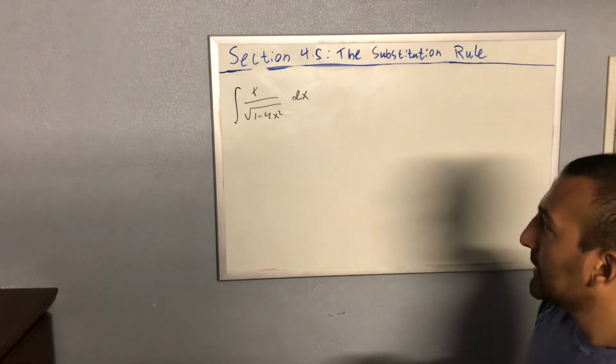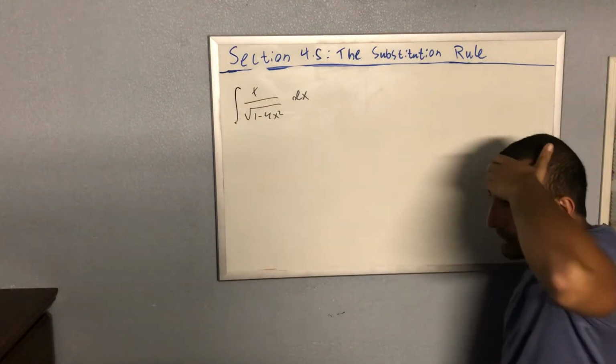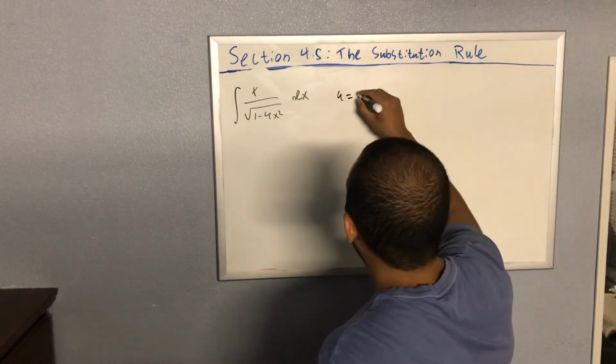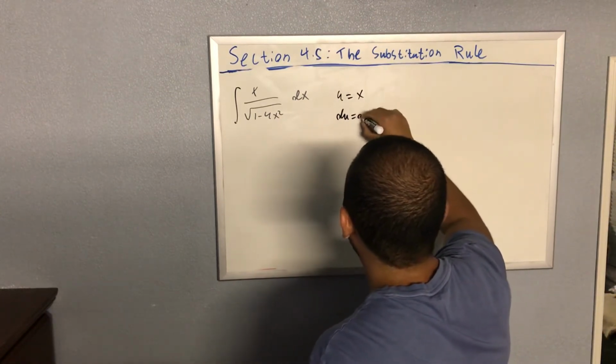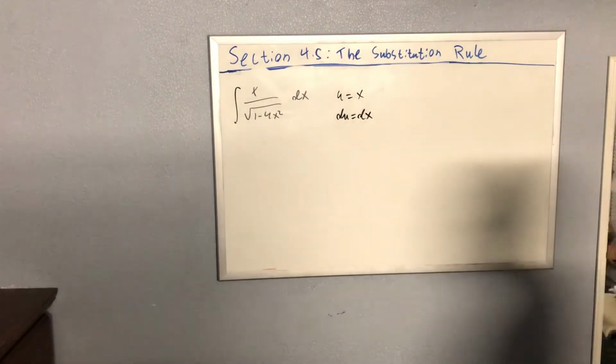Okay? Now again, if you let u be x, then du is dx, and you don't really get anything. That doesn't really tell you much, right?